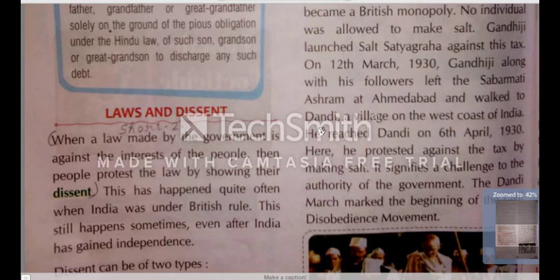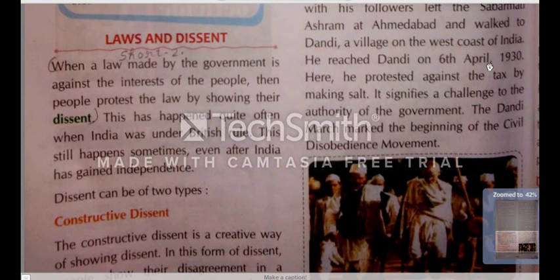They started on 12th of March 1930 and reached Dandi on 6th of April 1930. Here, he protested against the tax by making salt.